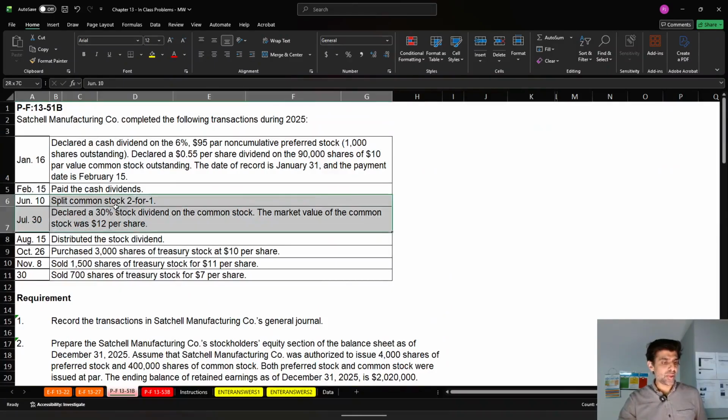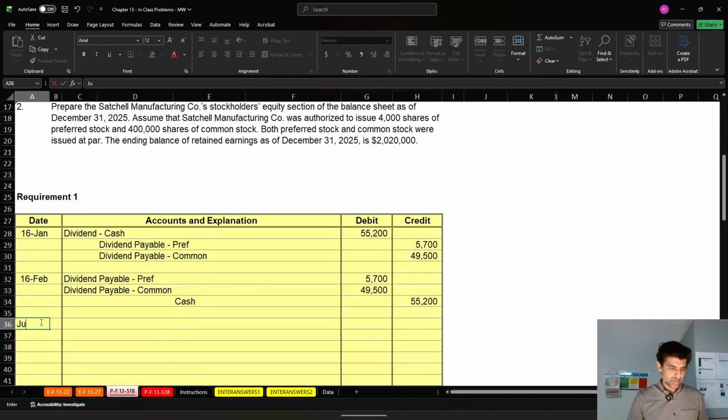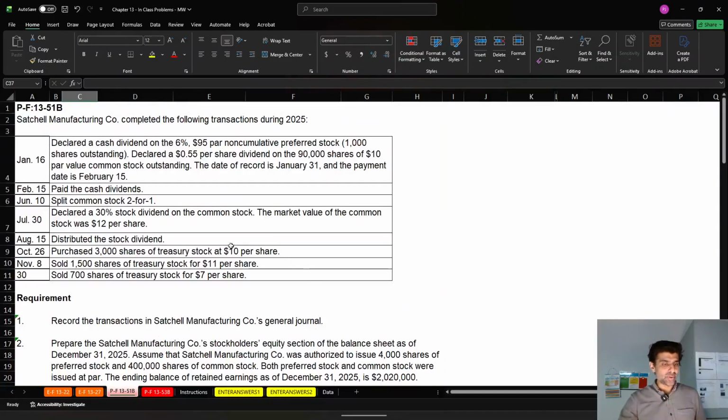Okay. Stock split, June 10th. Do I need to do anything for this? Any journal entry required? No, no journal entry. But what I want to do is make sure that I know how many shares are outstanding now.